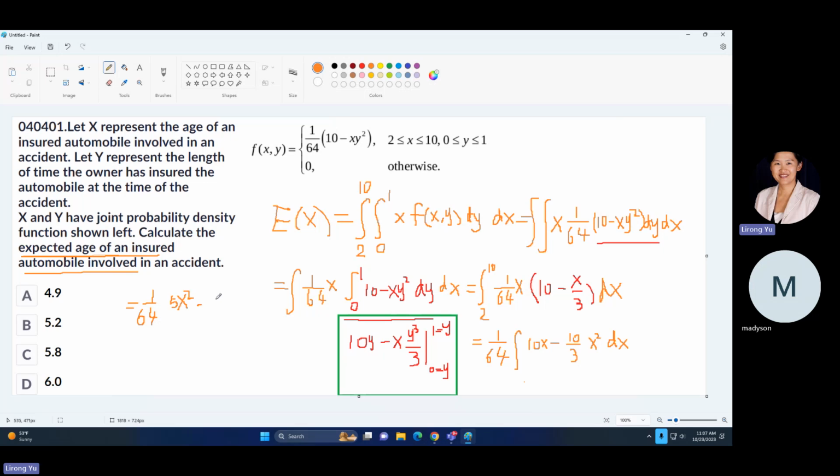So that is going to be 10 over 9 x cubed. Right, so that's the antiderivative, and we're going to plug in upper limit, lower limit for x. That was 2 and 10. Right. I'll let you finish the rest of the calculation. See which number is the right expected value.